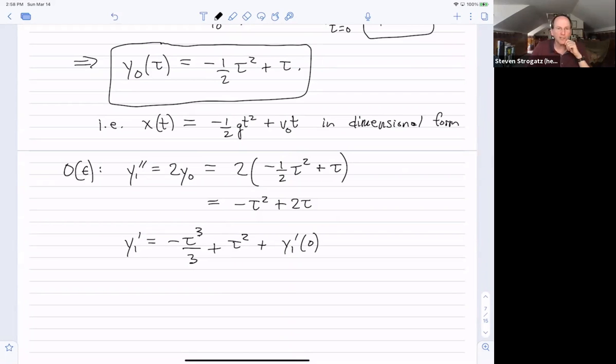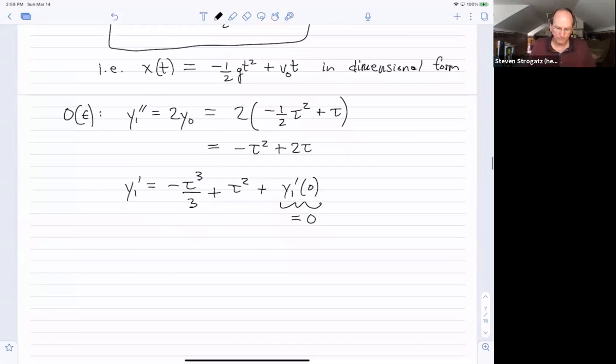That would be the constant of integration. And we know that this is 0 because we wrote that down above. It inherited that from the original initial condition. So that's good. We don't have to include that term. It's 0. And so we're left with just minus a third tau cubed plus tau squared.